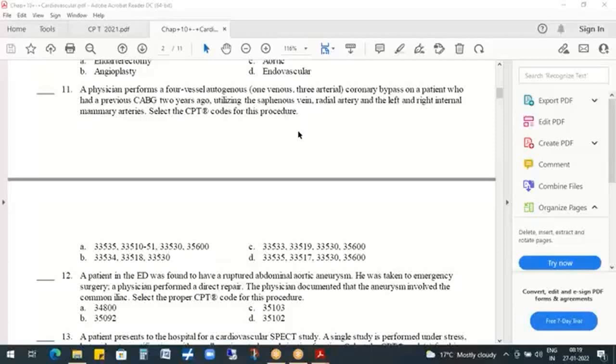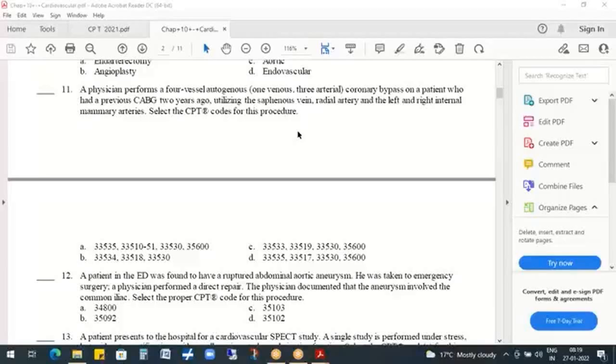Can anyone in the class give the name of the natural pacemaker in a human body? SA node, sir. Sinoatrial node. Now what the physicians will do is, for example, if that natural pacemaker is not generating electrical impulses, then there will be a slow heartbeat, or if it is generating too fast, then a fast heartbeat.